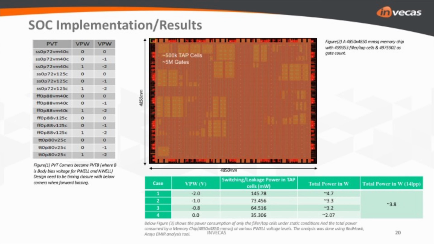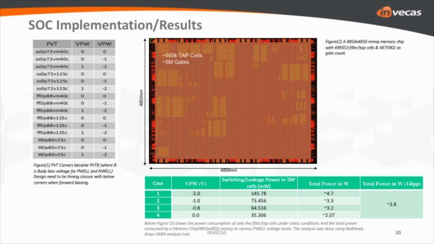Now figure 2 shows a 4850 mm² memory chip, which has approximately 500k tap cells and 5 million gates. We ran the static power simulations on this particular chip.